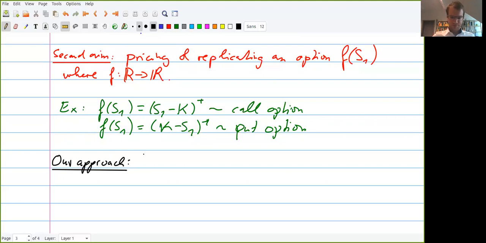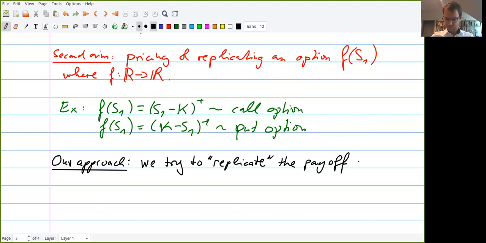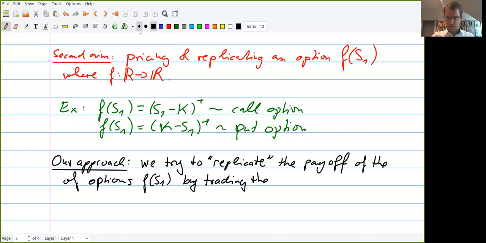All right, so the approach we want to take here is to reproduce, or replicate, the payoff of the option f of S1 by trading the assets in our financial market.